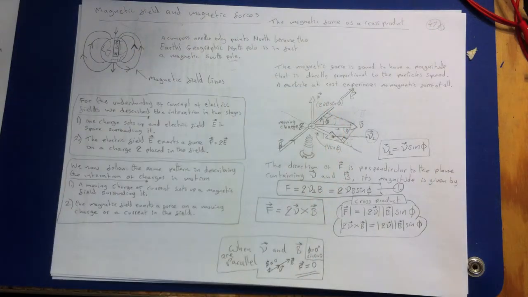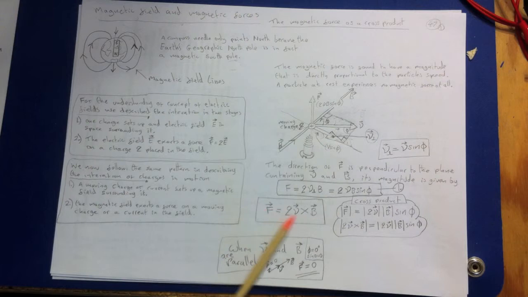Thus the force on a charge Q moving with velocity v in a magnetic field B is given both in magnitude and direction by the vector equation F equals Q times the velocity vector v crossed with the magnetic field vector B. So we've written that here.